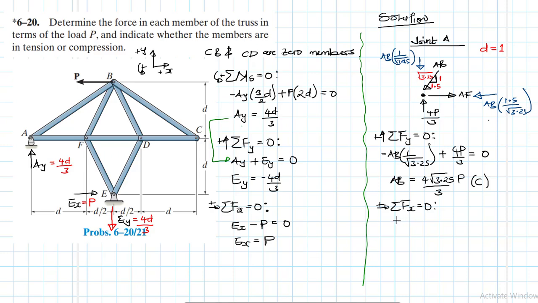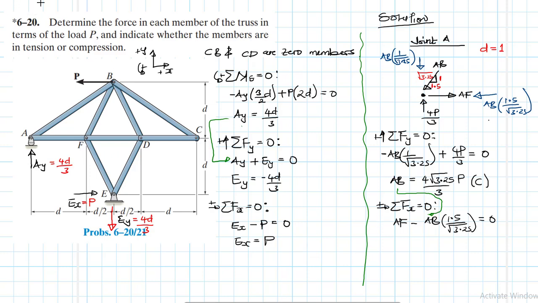Then we have summation of forces in the X direction, like so. So what do we have? We have AF minus AB by 1.5 divided by root of 3.25 equal to 0. We've already calculated what AB is, so just replace AB there.